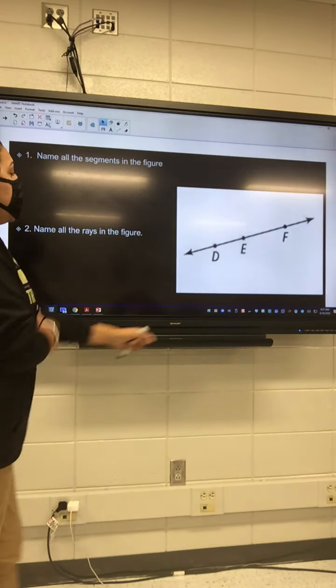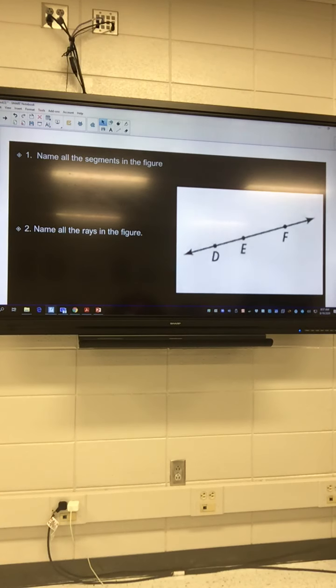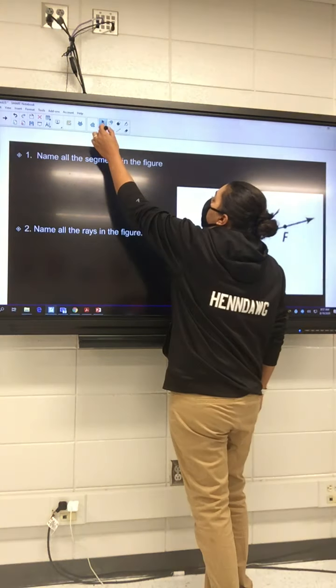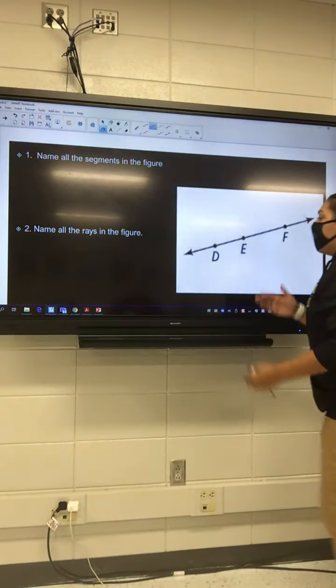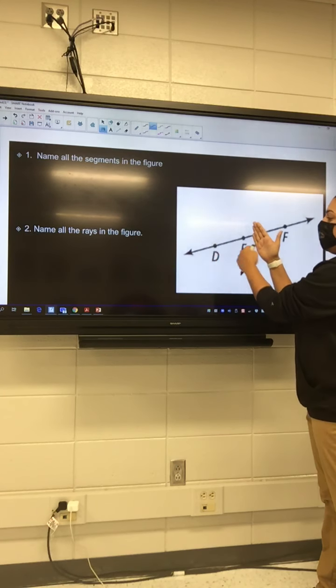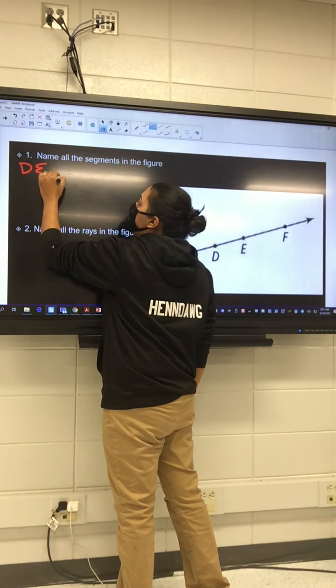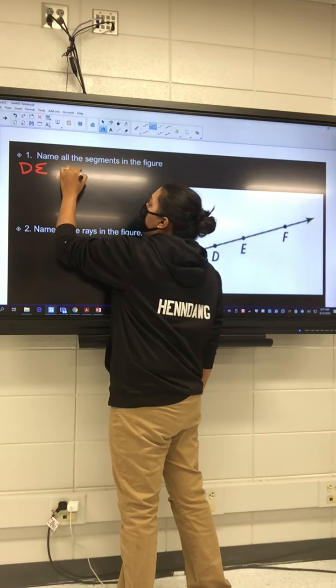Okay, it says name all of the segments in the figure. Now, this is where it gets tricky, to try to name them all. You're going to have to do it in parts and pieces, so do this part first. Our first one we could say DE or ED.